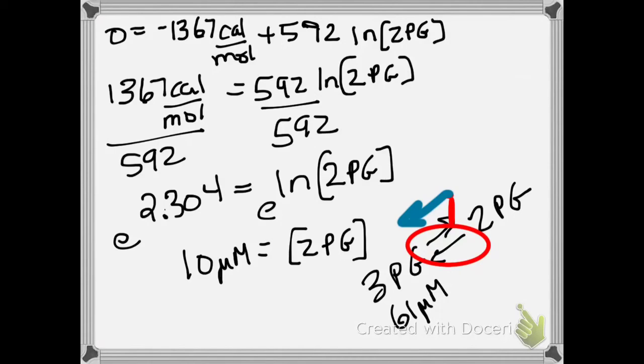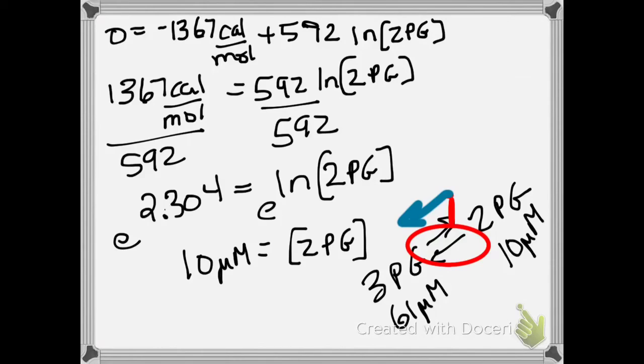And so based on our calculations, we figured that at equilibrium, so when delta G prime is 0, the concentration of 2-phosphoglycerate will be 10 micromolar. And so at that point, the reaction stops going forward. It actually doesn't go backward either, it just stops.